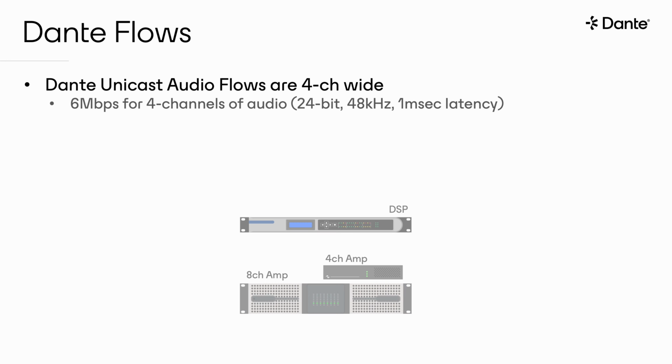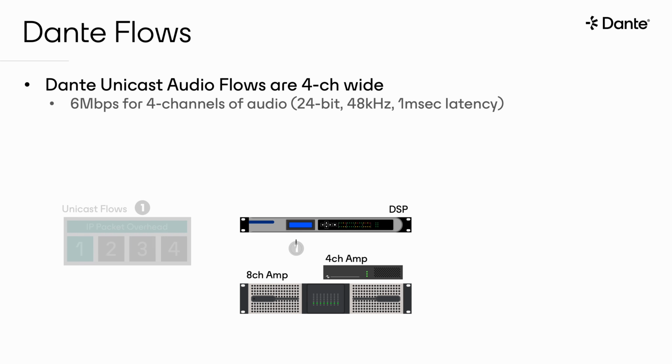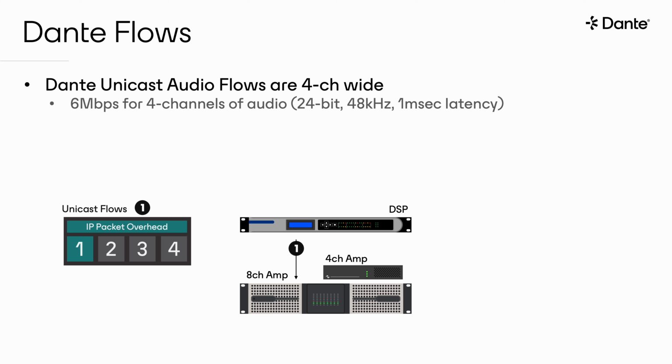Let's say I have a DSP sending a signal to 2 different amplifiers, one with 4 channels and the other with 8. The moment I subscribe one channel, a 4-channel flow is created. The requested channel is loaded in, and the others are sent empty. As I subscribe to more channels from the DSP to the amplifier, they fill in the unused slots in the flow.